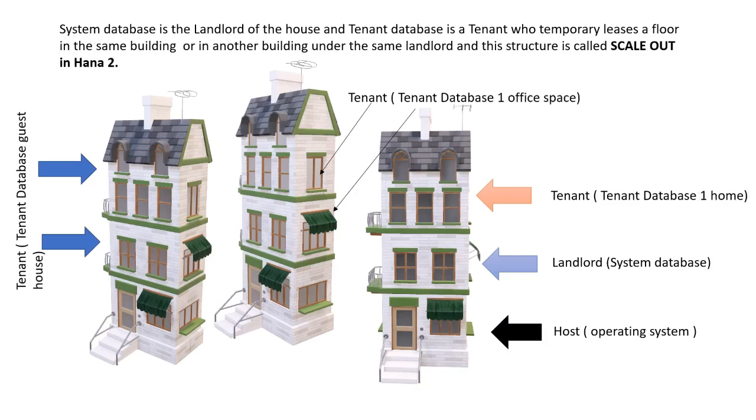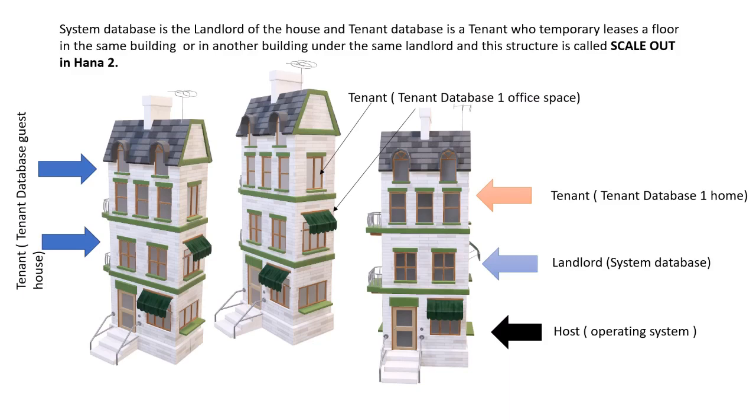Now we will consider the second scenario of scale out, where one single tenant tries to expand its space into different other buildings. Suppose we consider the first building, where the operating system is marked in black and blue as the system database.